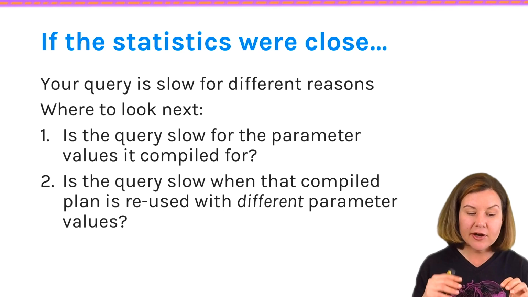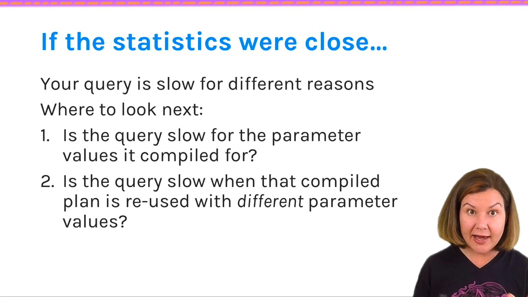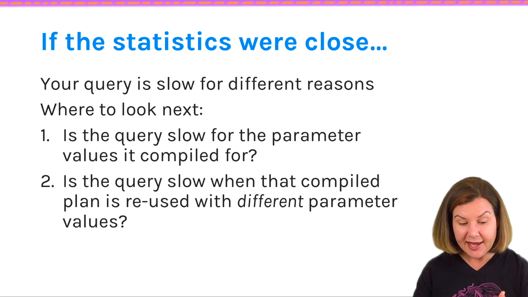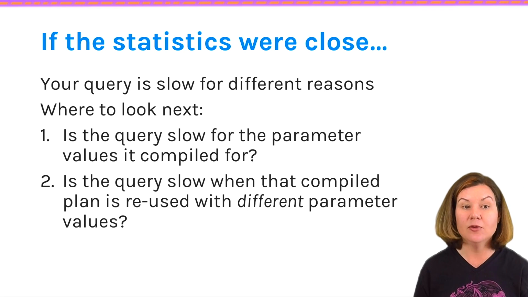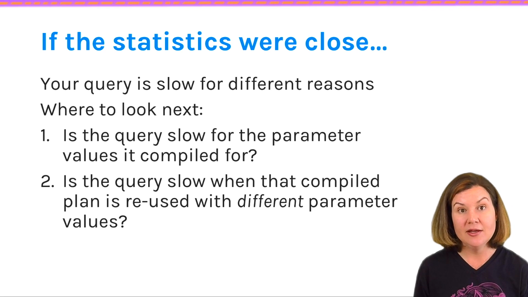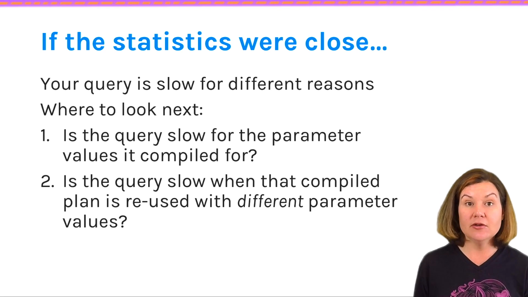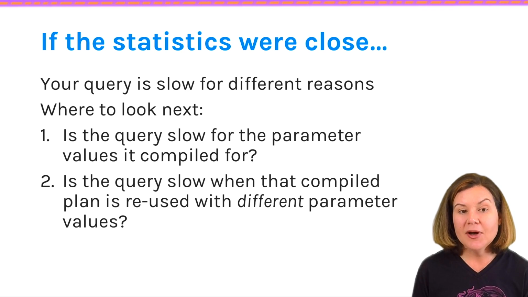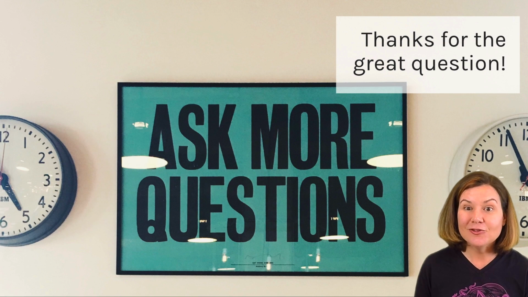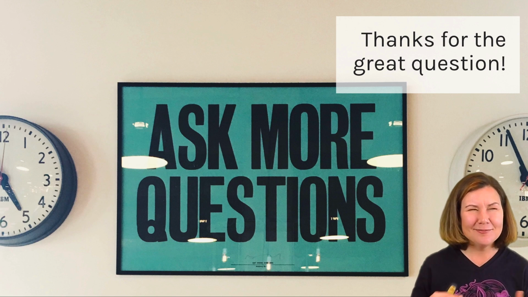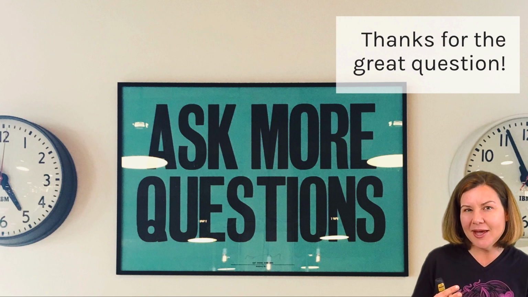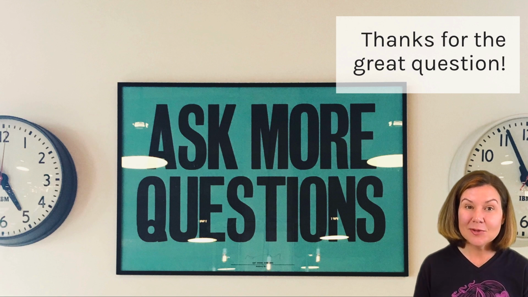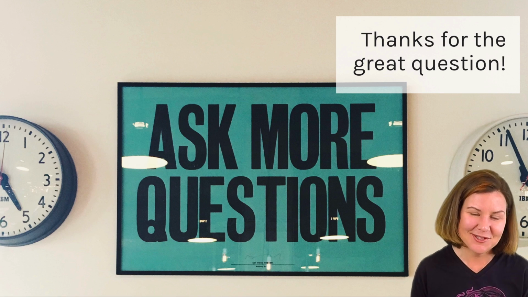In that case, I need to figure out what other commonly used values there are with this procedure, so that I can get that plan in cache and then reuse that plan when running the procedure for other values. It can be tricky to track down what those other parameter values are and what's running when it's slow, but you've at least got the compiled for values, which is maybe about 60% of the battle. It's extra legwork, but on the other hand, it's also job security.